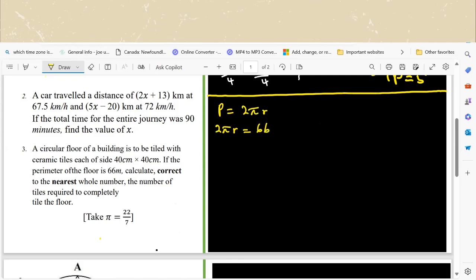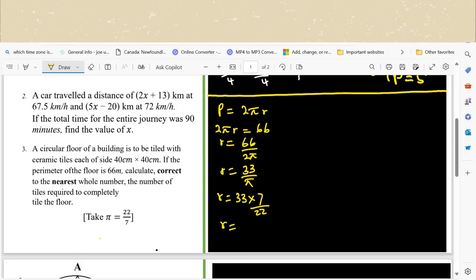Here we are going to get r to be 66 all over 2 pi. R is actually 33 all over pi. Now that is 33 divided by pi, that is times 7 over 22.